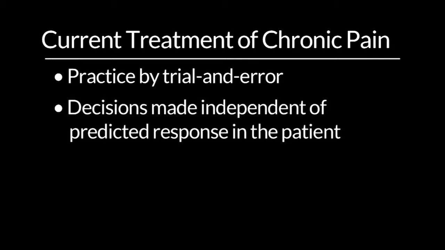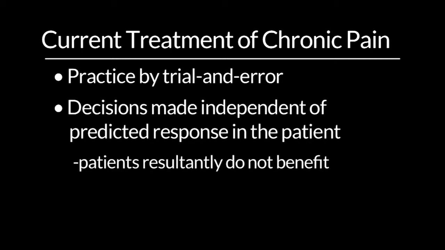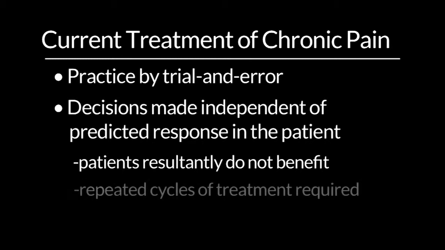Because at present, the treatment of chronic pain is largely by trial and error. It involves making treatment choices without identifying which patient is likely to respond better to a particular treatment or not. And in consequence, most of our patients do not benefit from our treatment, and we need to go through several cycles of treatment to try and find one that produces the greatest benefit.